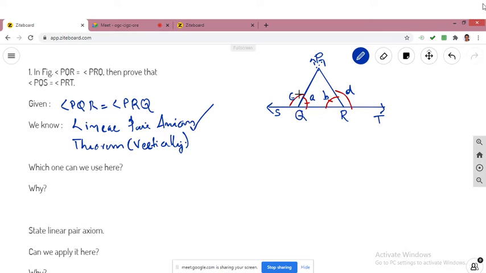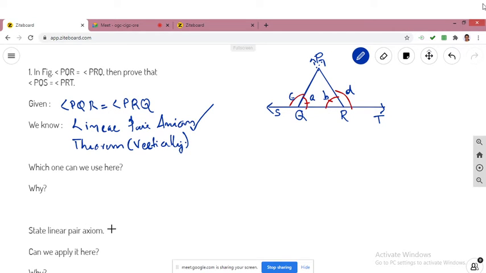Angle A plus angle C equal to 180 degrees, ma'am. Okay, how did you arrive at that conclusion? Based on axiom 1, ma'am. Linear pair axiom. Okay, can you state axiom 1? Yes, ma'am.